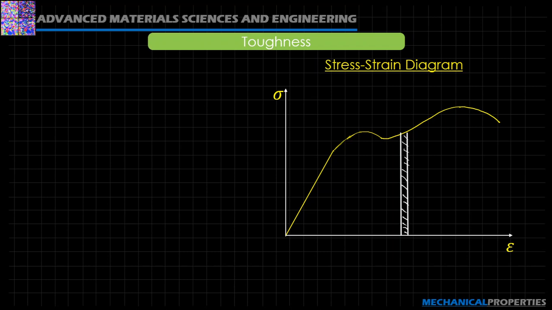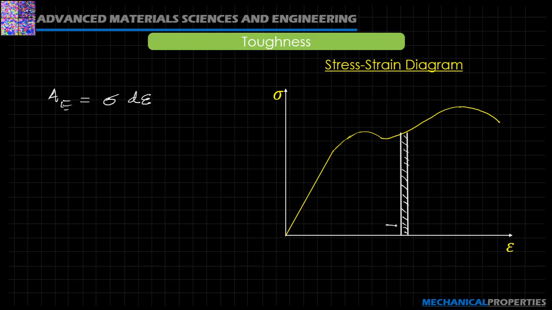So the area of the element, let's say the area of element, that is E, we can calculate, that is sigma and d epsilon.